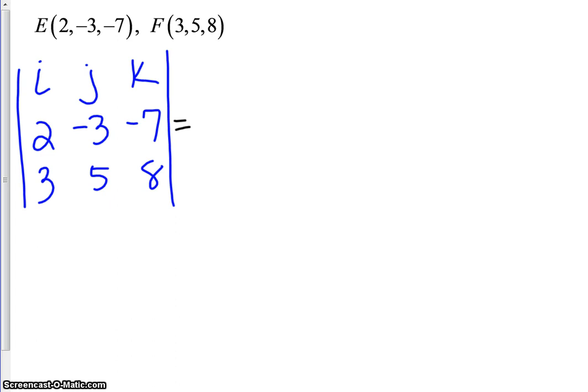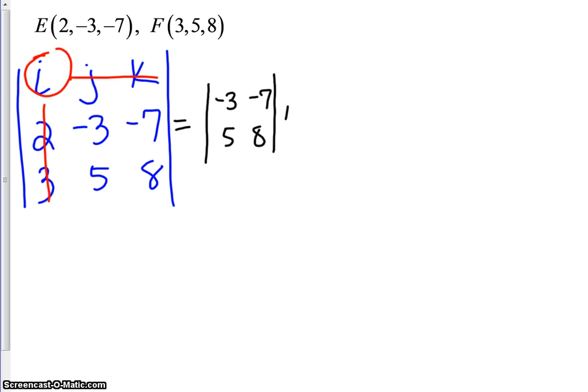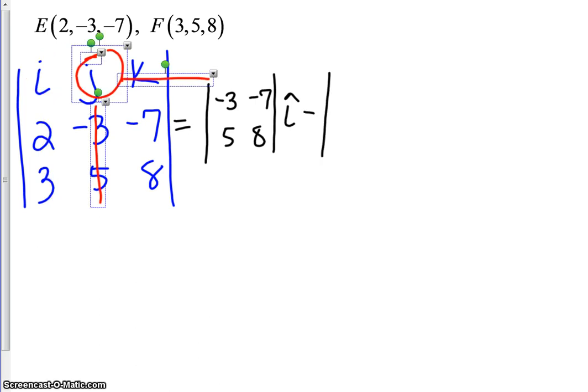All right. So if you remember, what we're doing is we kind of go through and we isolate different values here. So we're going to start with the determinant of -3, -7, 5, and 8, and we're multiplying it by the i vector. And then we're subtracting, and in our heads we're moving this over here.